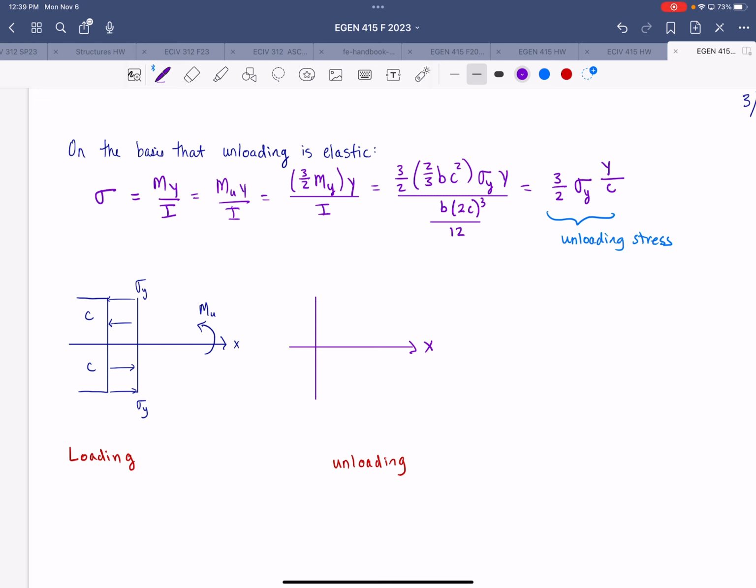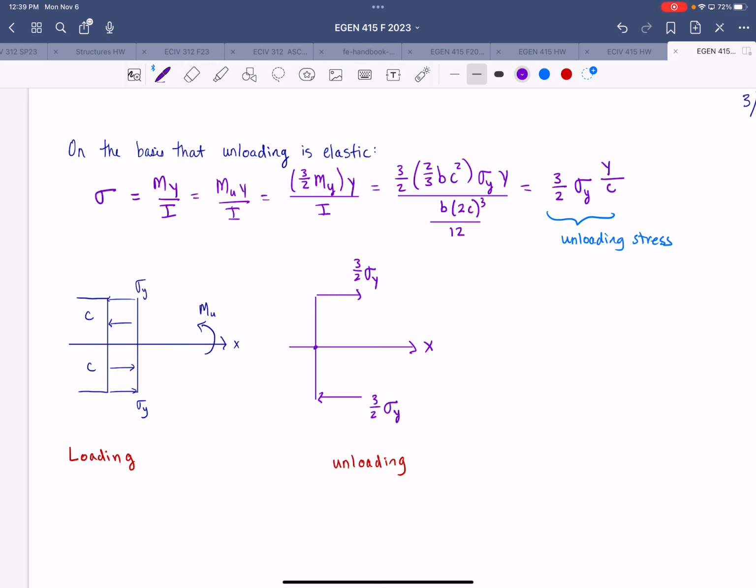So we just determined that the unloading stress magnitude is going to be 3/2 times the yield stress, and then this gives us the linear distribution, the variable y divided by c. So at the extreme fiber, when y is equal to c, that value is going to be 3/2 times sigma y, and that's going to be true at both ends.